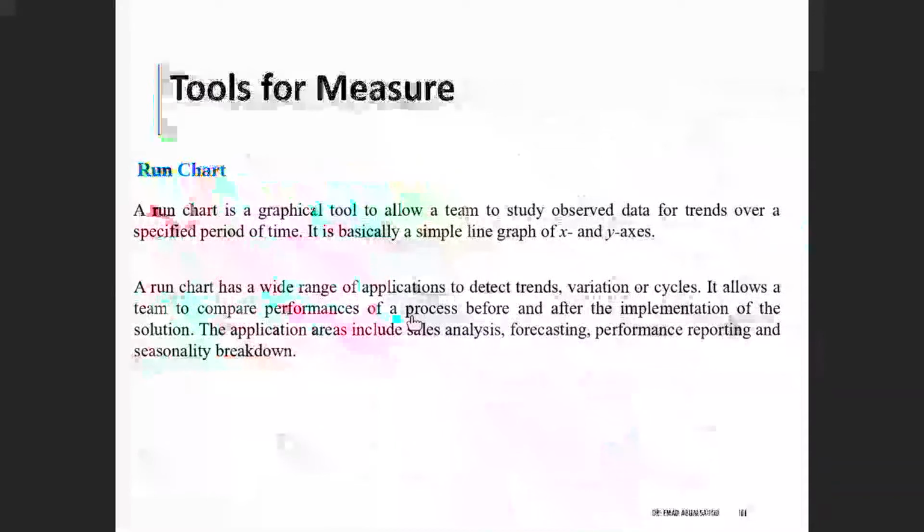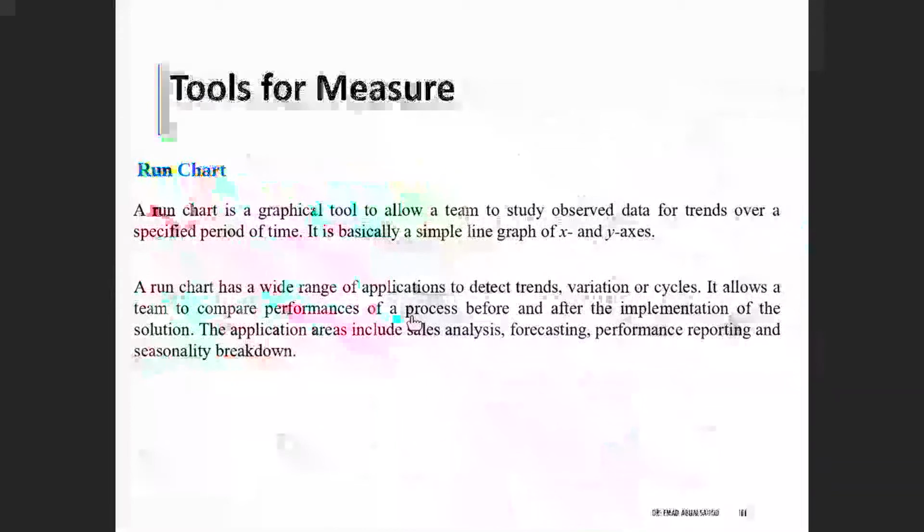It can be used for forecasting, so you can predict what is coming in the process, for performance reporting, and for breakdowns. If there are seasonal breakdowns that happen, they can also be clarified in the run chart. Maybe the question is how it differs from the control chart.